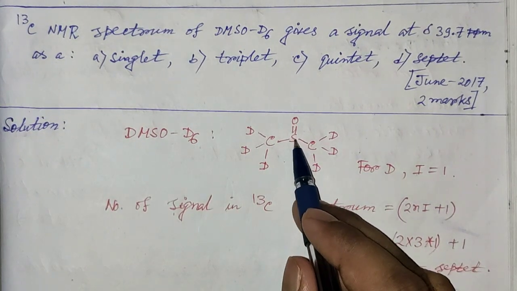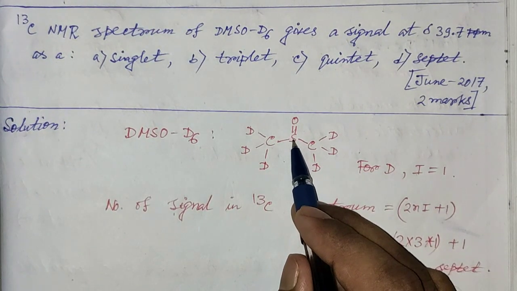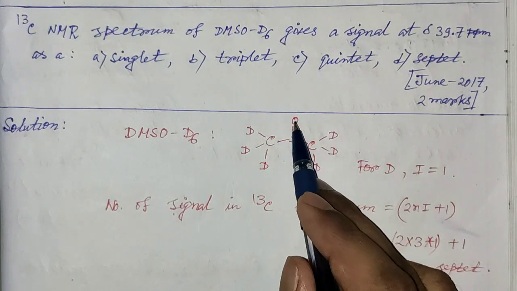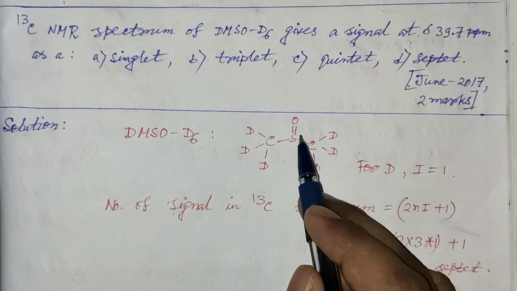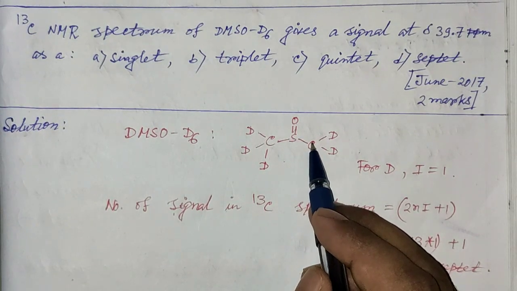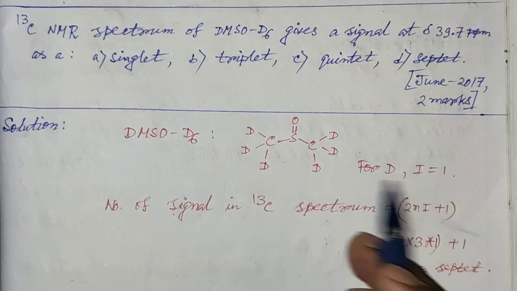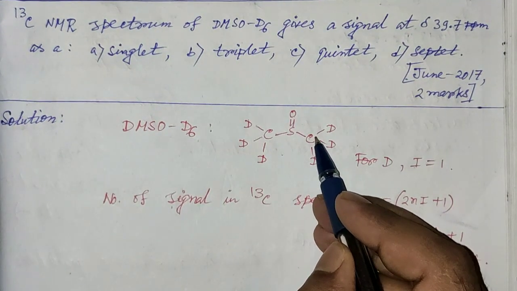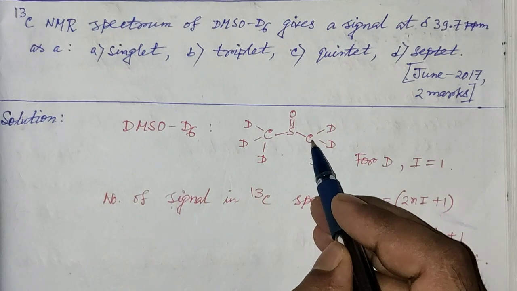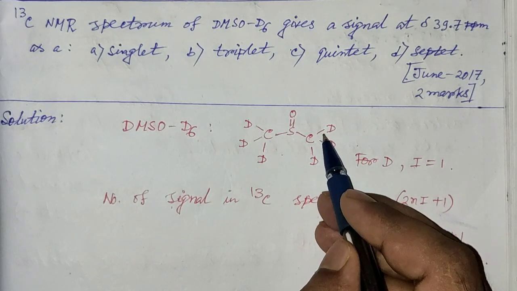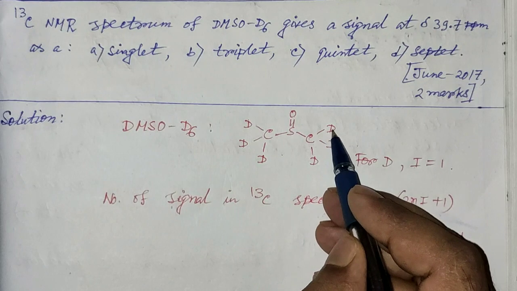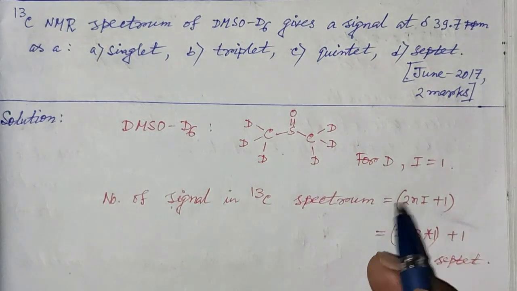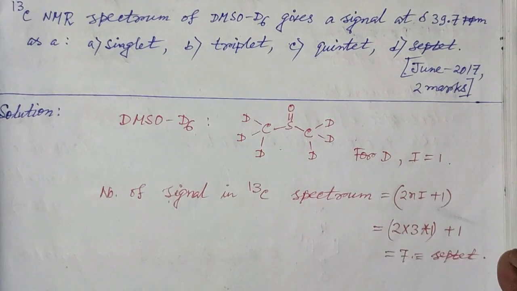Now from the structure we can see that there is a sigma plane along the S and oxygen atom, which will divide the molecule into two halves. For that reason this carbon will be equivalent to this carbon atom. Now the 13C isotope of this carbon atom will couple with the deuterium atoms, and for that a signal arises in the 13C spectrum.